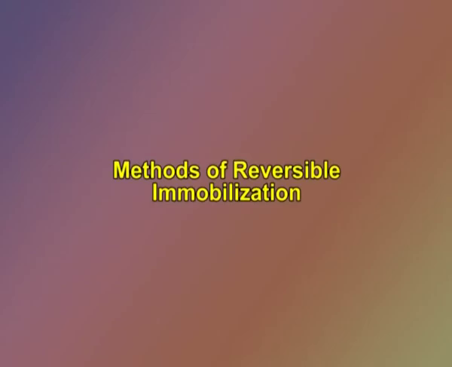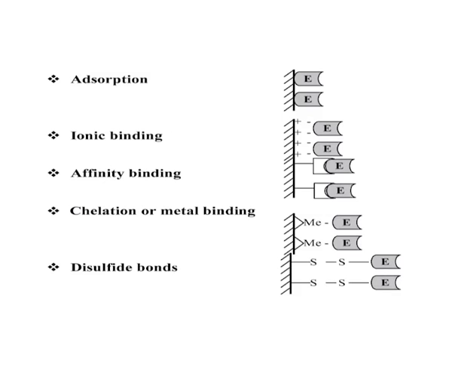Now coming on to methods of reversible immobilization. Because of the type of the enzyme-support binding, reversibly immobilized enzymes can be detached from the support under gentle conditions. See figure 2. The use of reversible methods for enzyme immobilization is highly attractive, mostly for economic reasons, because when the enzymatic activity decays, the support can be regenerated and reloaded with fresh enzyme.